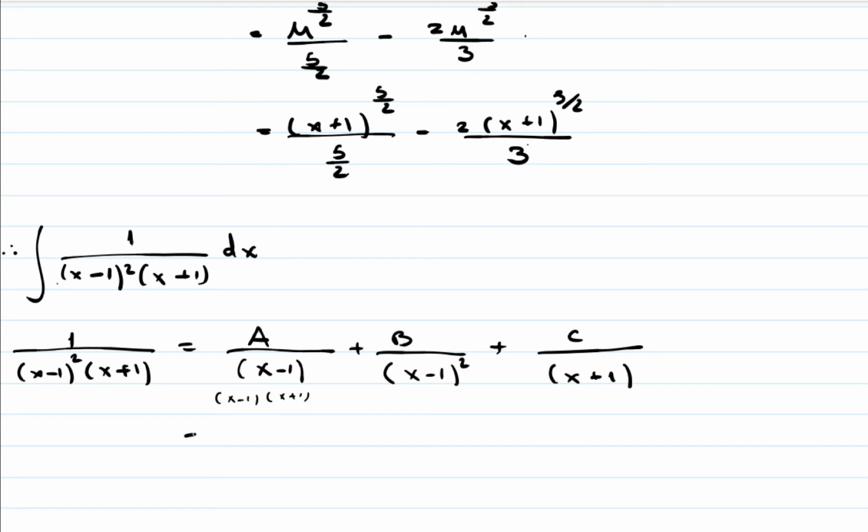So it becomes a into x minus 1 into x plus 1, and then plus b. We already have this x minus 1 square, so what we're remaining with is x plus 1. And then finally we have c. In c we already have x plus 1, so what we don't have is x minus 1 square.